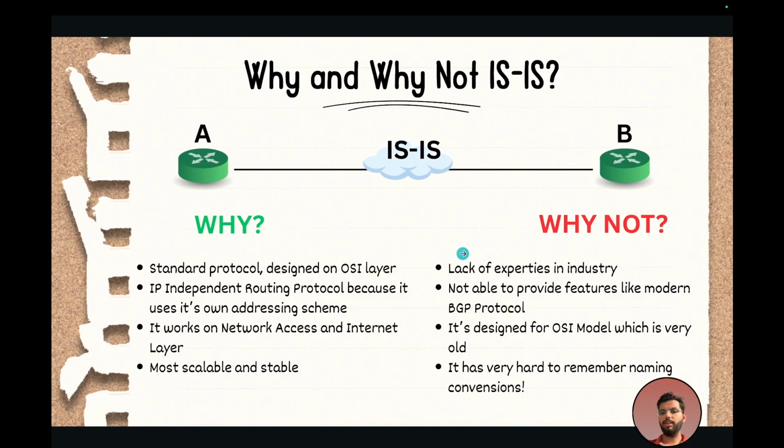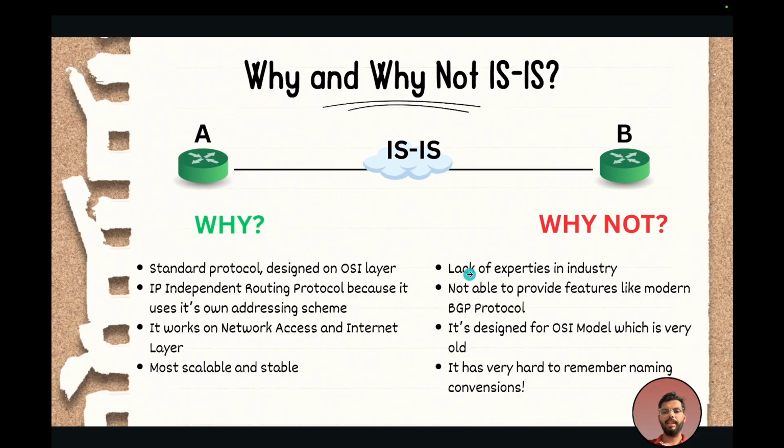Now there are certain cons of using ISIS, or why not to use ISIS. As it is designed for the OSI layer, people usually lack ISIS expertise in the industry, so people don't tend to use ISIS. Instead they use BGP or certain other routing protocols.